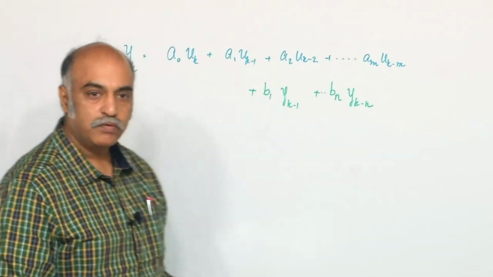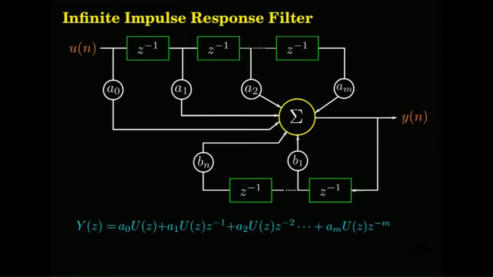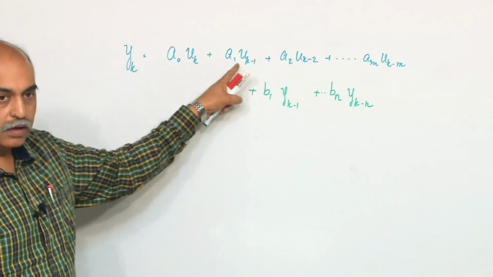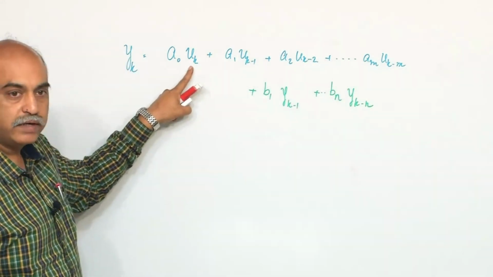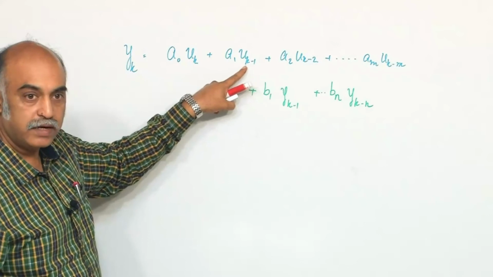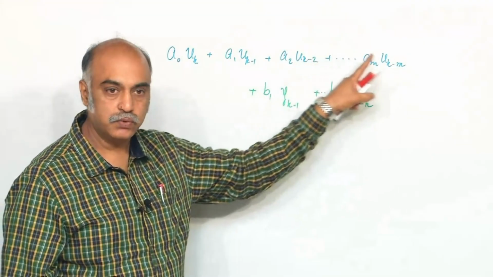Z transform of this. So I will just indicate here like that, right? Same coefficients. This becomes u of z, this becomes u of z, z to the power of minus 1, u of z, z to the power of minus 2, and so on.